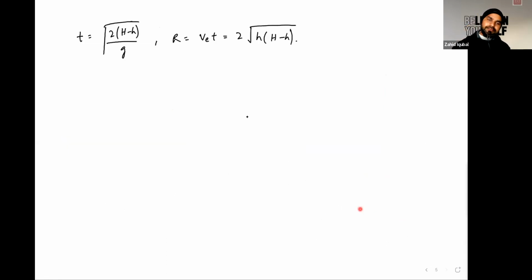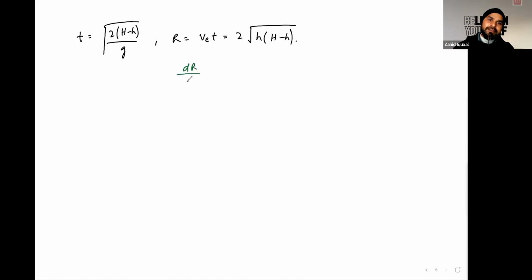So you use a mathematical tool: if you have to get the maximum or minimum value of a particular function, just differentiate that function and put it equal to 0. In this part, we have range R, which we have to maximize. It depends upon small h, which is the variable here.